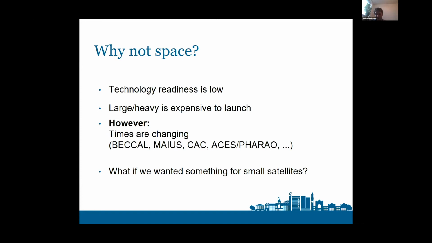But in a kind of basic scheme, it becomes very, very difficult to get something that's even launchable. So this makes things very expensive, and therefore, since the technology readiness is deemed low, and large and heavy things mean it's expensive to launch, it's overall not a promising prospect for some of the space agencies, because they have to take a big risk and it's very expensive to do so. But, you know, as we've said, times are changing.